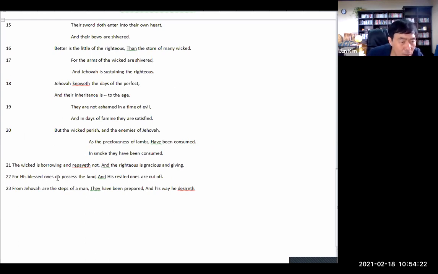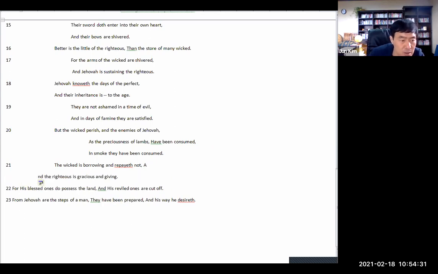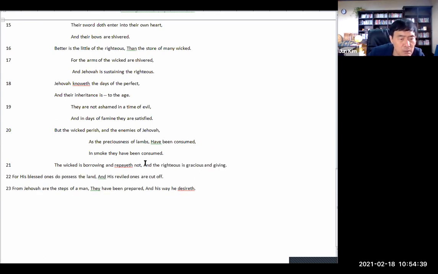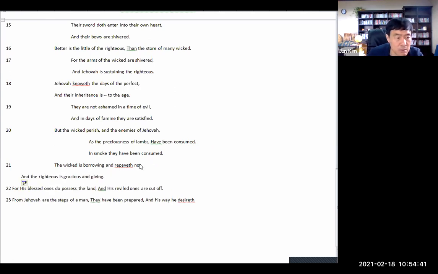The wicked borrows and does not repay. So it should be on this level. And the righteous is gracious and giving.